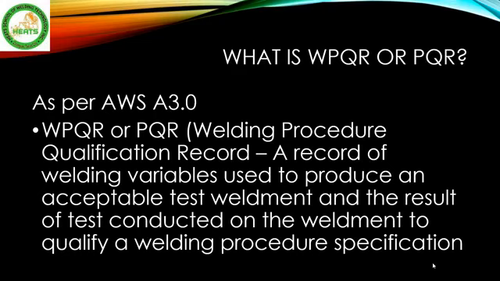What is WPQR or PQR? We call it PQR, or Procedure Qualification Record. Taken from the AWS B3.0 definition again, a PQR, or welding procedure qualification record, is a record of welding variables used to produce an acceptable weld or acceptable test weldment, and the results of tests conducted on the weldment to qualify a welding procedure specification.